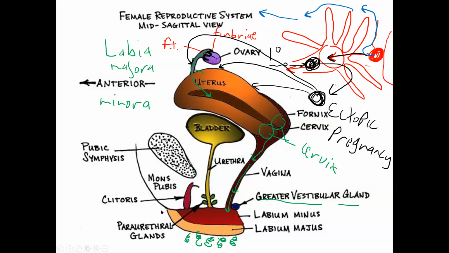I will mention the periurethral gland. We're not going to worry so much about that right now. But I do want to mention that the female urethra is not a part of her reproductive system, right? And the female urethra, as you can see there, exits above the vagina itself.